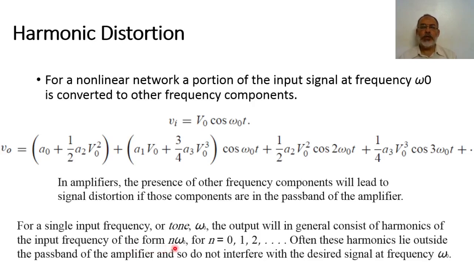I am interested only in the harmonic n equals 1. 0 represents the DC component, and 2, 3, 4 represent the higher order harmonics. Often these harmonics lie outside the passband of the amplifier, and so don't interfere with the desired signal at the frequency omega naught. But in general, it is required to minimize the amplitude of the higher order harmonics in some applications like the amplifier.